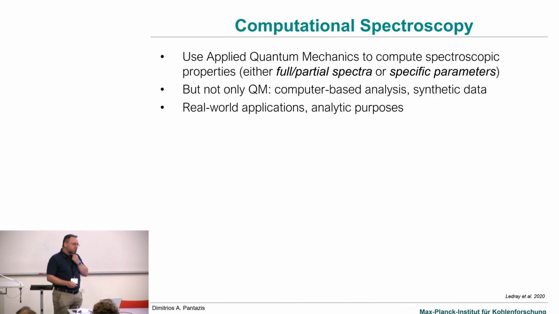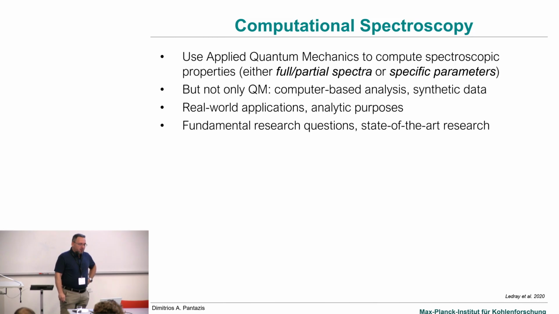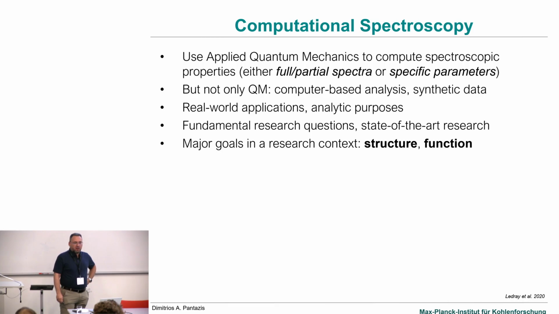And we can also use quantum mechanics in ways that are complementary to the spectroscopy that is performed in an experimental study. But in general, a guiding principle in how we use computational spectroscopy in the school is that we're trying to connect structure with properties and structure with function.